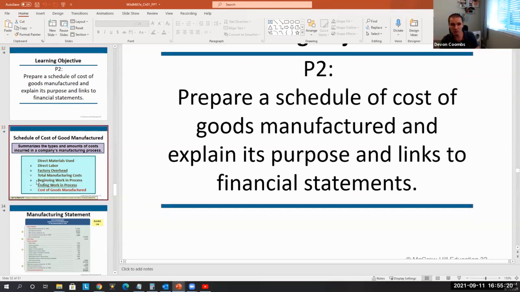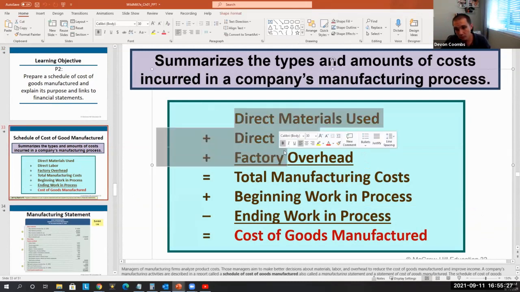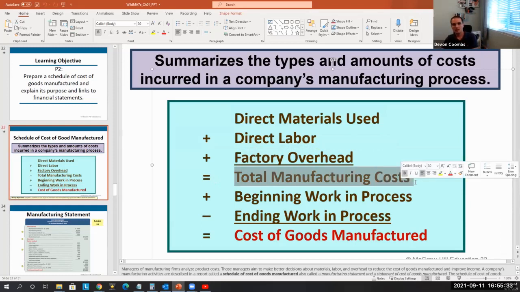So there are schedules we can create in order to summarize and make this information more useful. If we start with our direct materials, we add our direct labor and our factory overhead, we get our total manufacturing costs. This makes sense, right? Our total manufacturing costs are just all the materials we use plus the labor plus overhead.